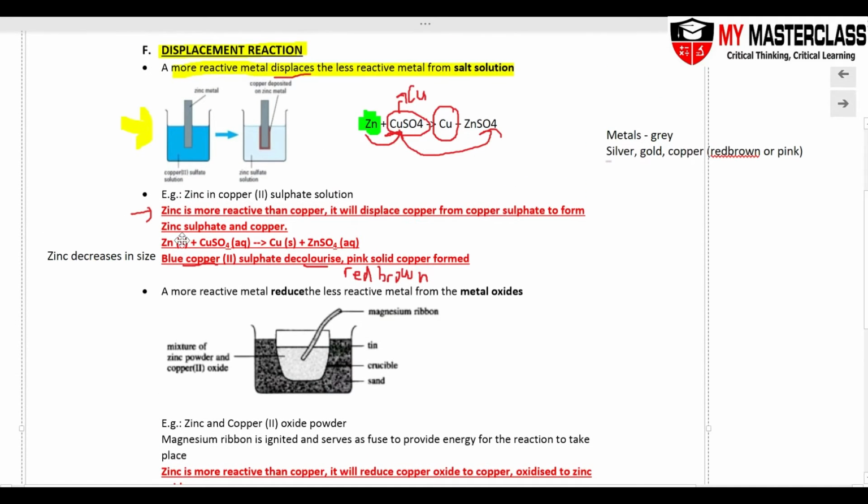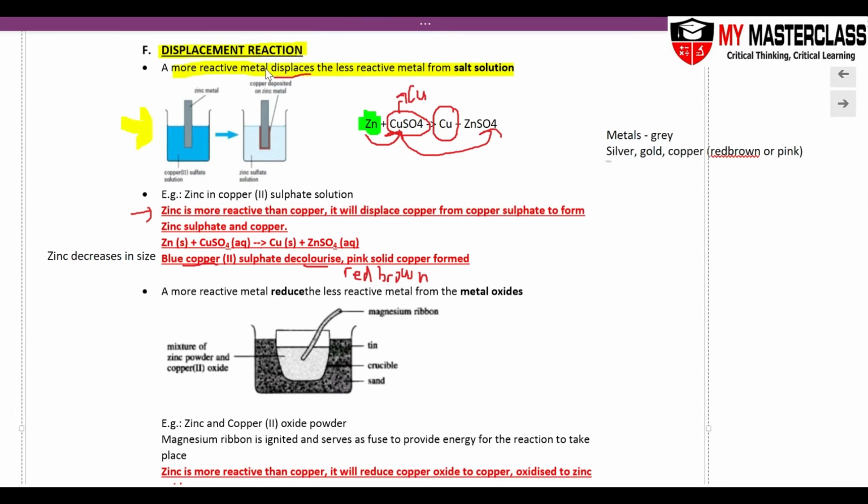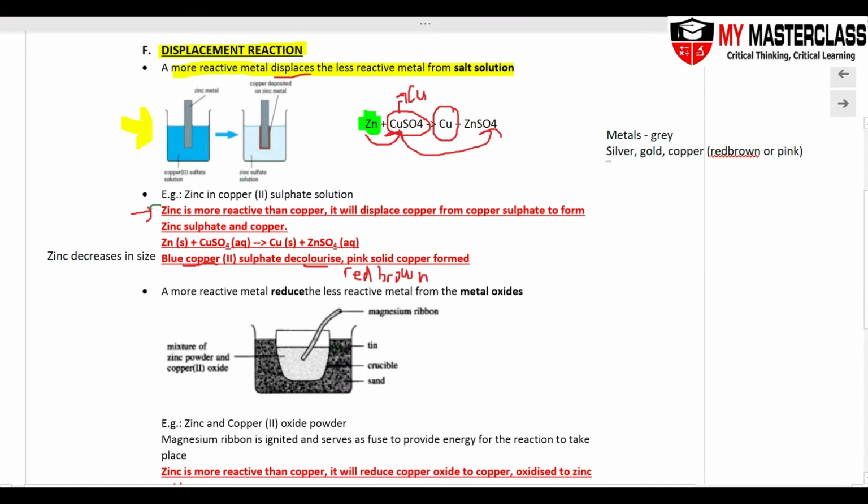Generally they will ask. The explanation over here, with the equation, is what we write, and this is what we write for the observation. In another example, if I have silver, Ag, plus copper sulfate, I know my silver is less reactive than copper, so there is no reaction.